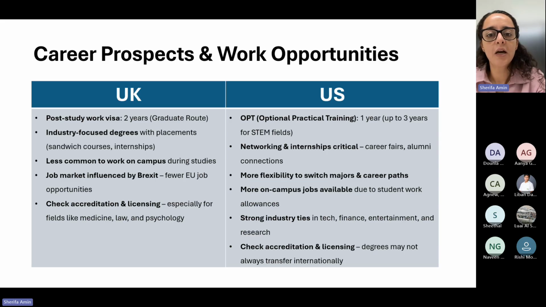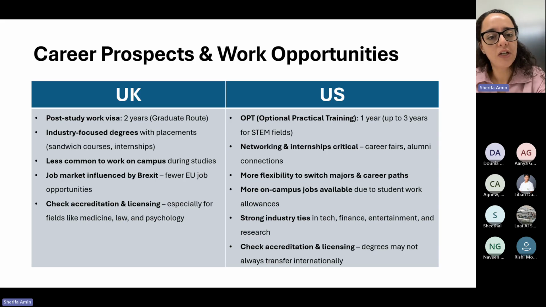Lots of universities have career centers where they will help organize career fairs, internships and alumni networks, as well as connecting students with industries to help them get a job after graduation. There are more on-campus jobs available. International students can work on campus for up to 20 hours per week during term time. And lots of US universities have built-in work-study programs.